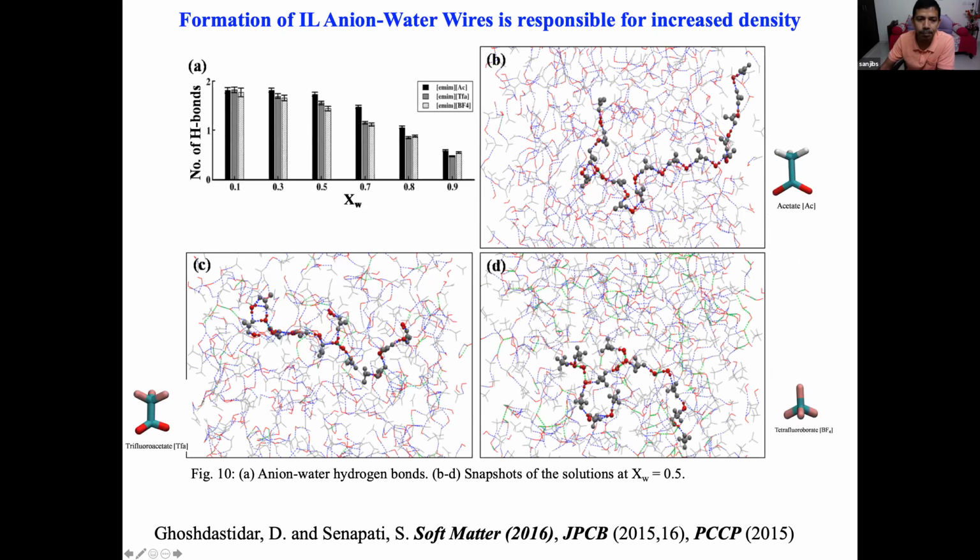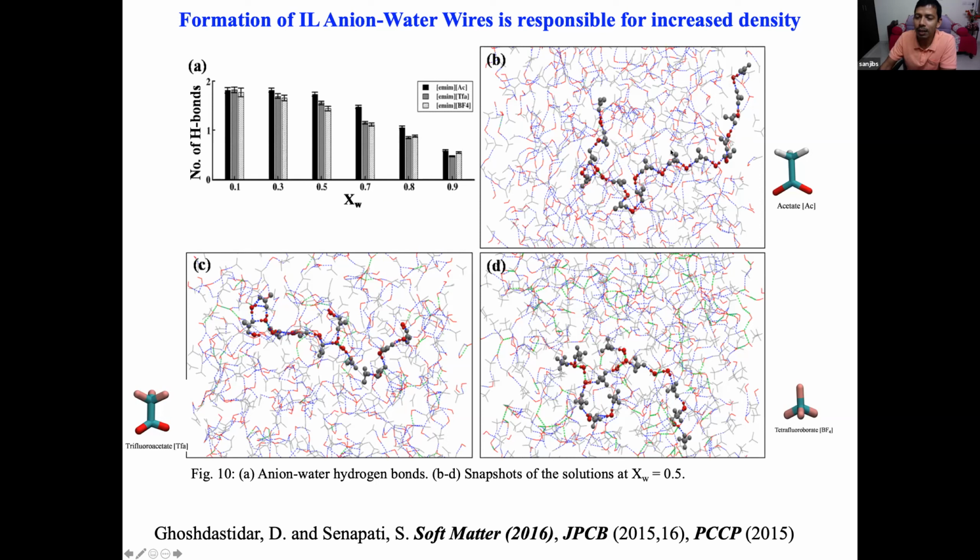So what is happening? We carried out molecular dynamics simulations, and what we found is very interesting: we found anion water wires. We have acetate ions. You see here is one acetate, there is another acetate, in between there is a water molecule. So we found acetate, water, acetate, water, a long wire of anion and water.